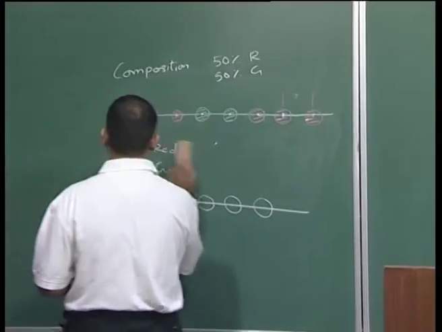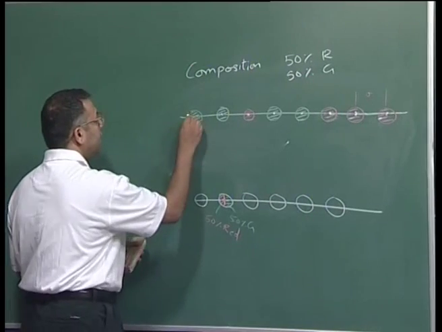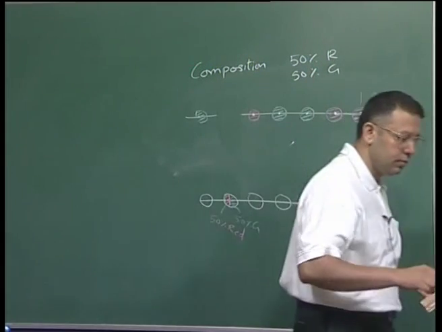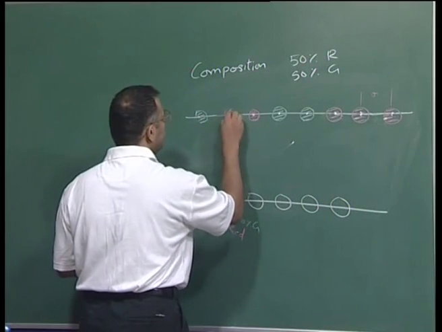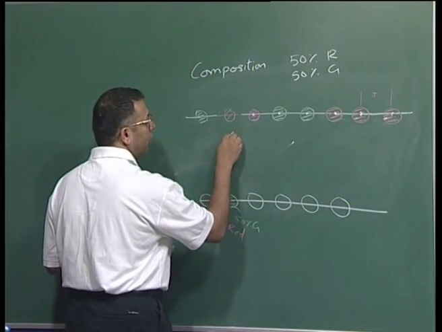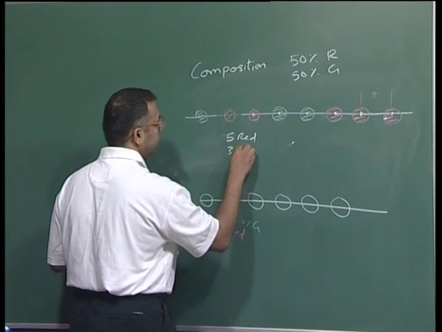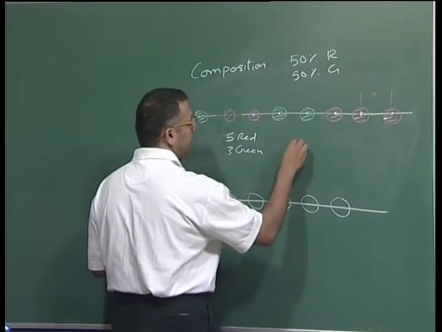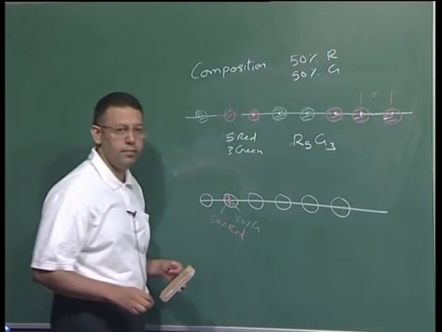So suppose in this same example, I make one more of red, and assume that this is the composition I am going to maintain. So for every 3 plus 2, 5 red, I have 3 green. So my composition would be red 5, green 3, right?